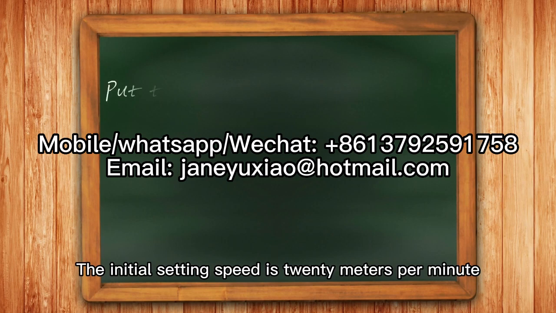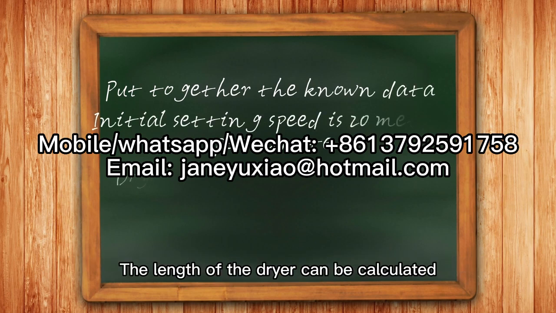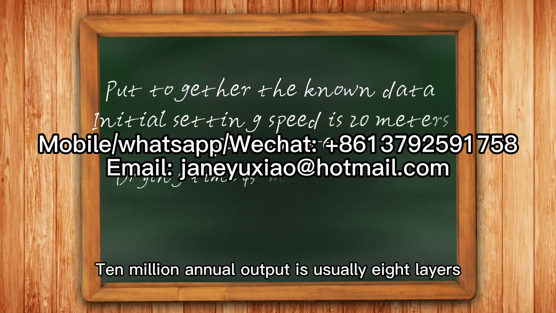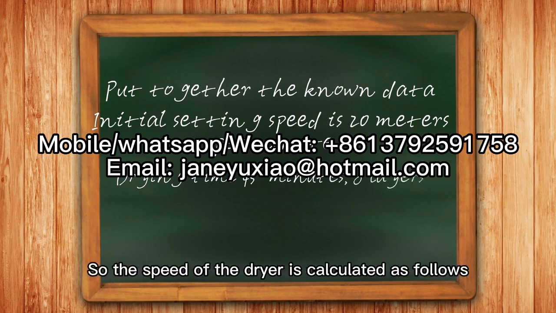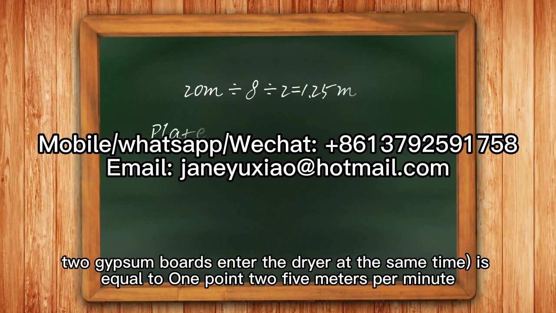The initial setting speed is 20 meters per minute, and the fixed time required for gypsum board drying is 45 minutes. The length of the dryer can be calculated. 10 million annual output is usually 8 layers, so the speed of the dryer is calculated as follows: 20 meters per minute divided by 8 layers divided by 2 after the traverse distribution, as 2 gypsum boards enter the dryer at the same time, equals 1.25 meters per minute.